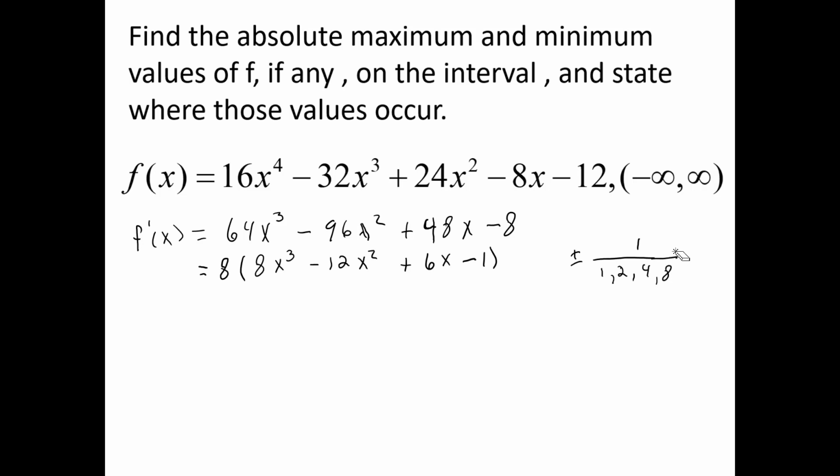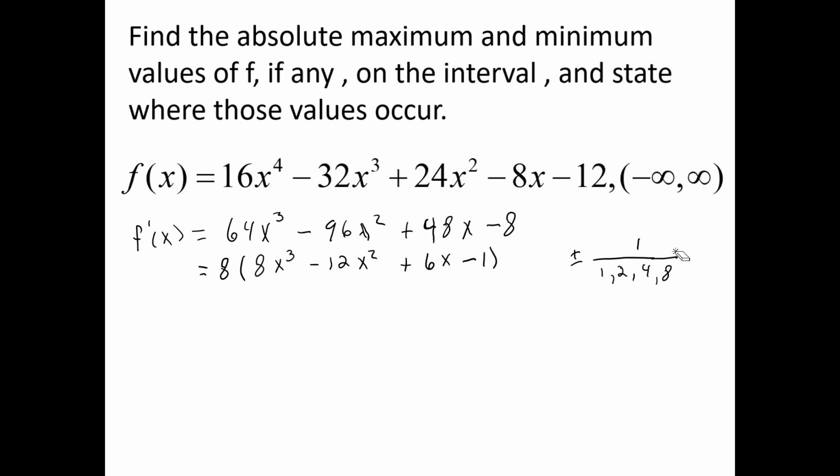So we should look for nice rational numbers that make this 0. And there's not that many. It's plus or minus 1, plus or minus a half, plus or minus a fourth, and plus or minus an eighth. Those are the only possible rational numbers that will make this expression 0.